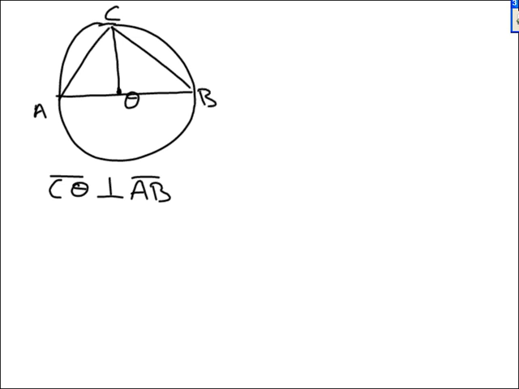And you're also given... Okay, and right off the bat, excuse me, so that's what you're given, and you want to prove the following. That AC is congruent to BC.